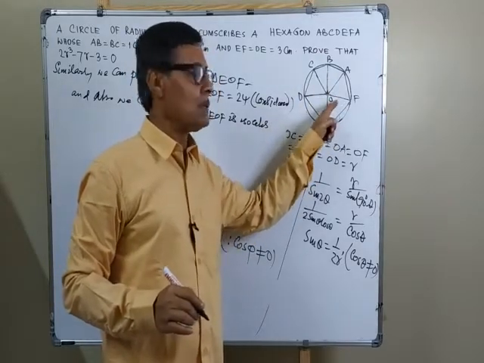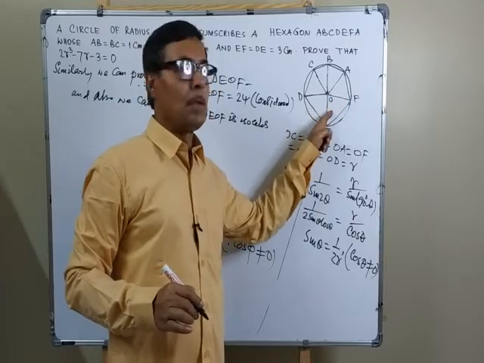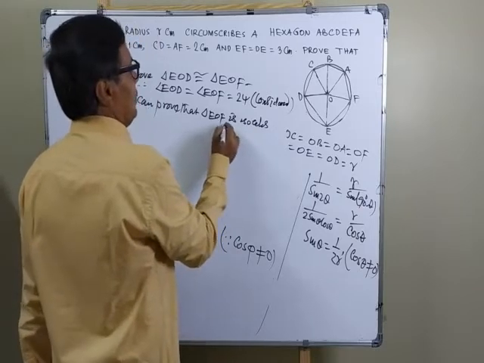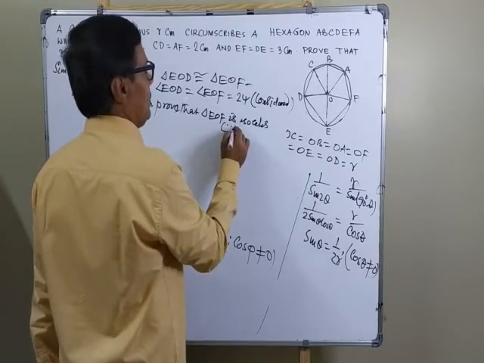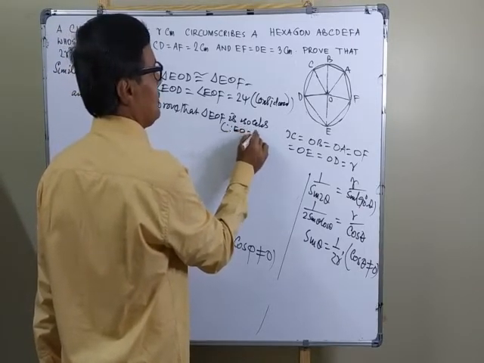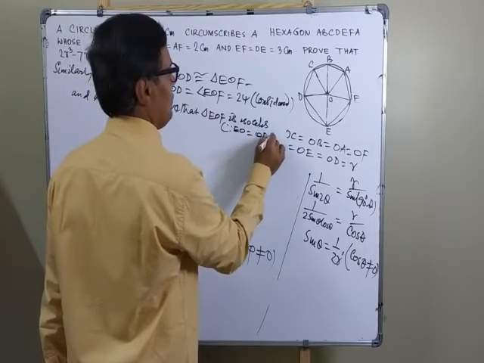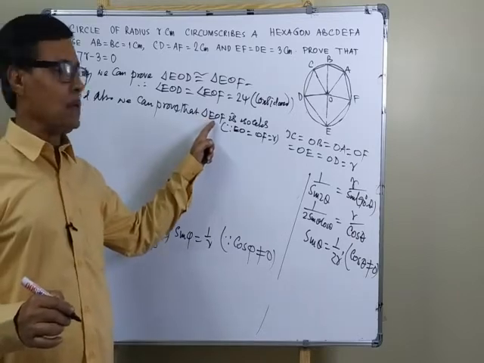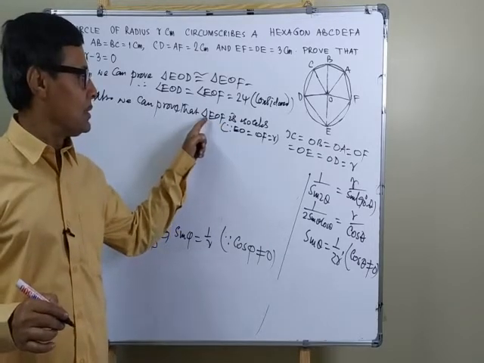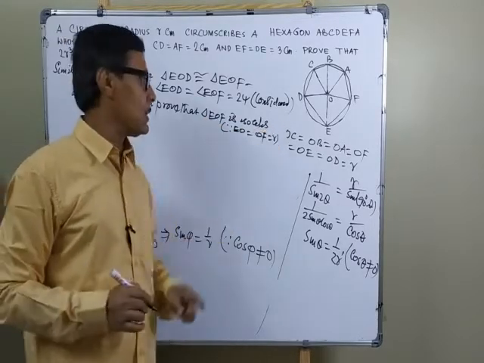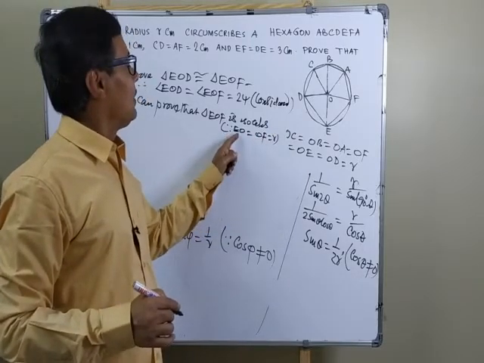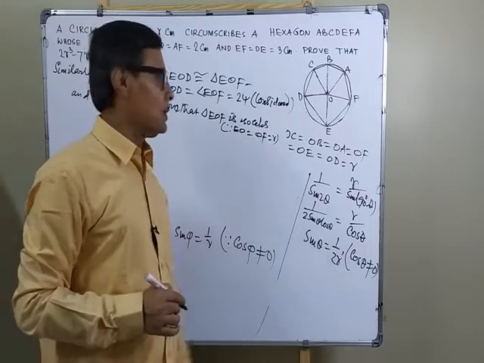As these two sides are equal, this triangle is called an isosceles triangle, and so their opposite angles are also equal.